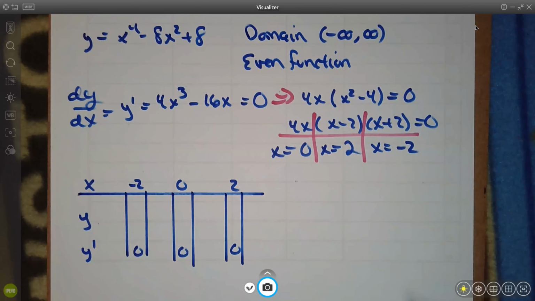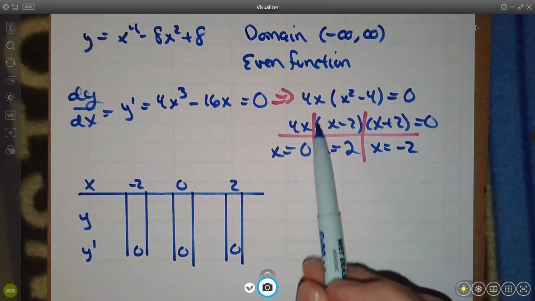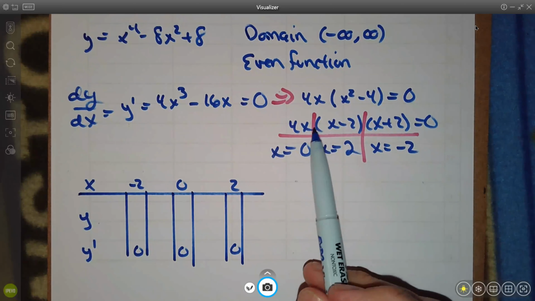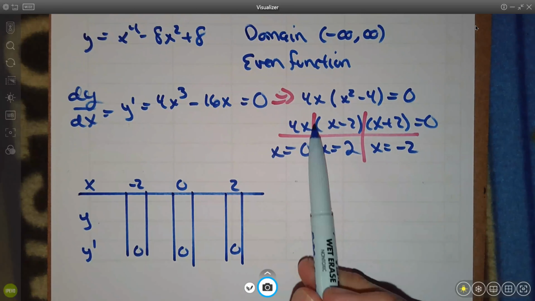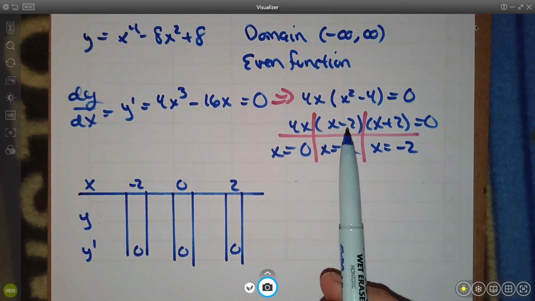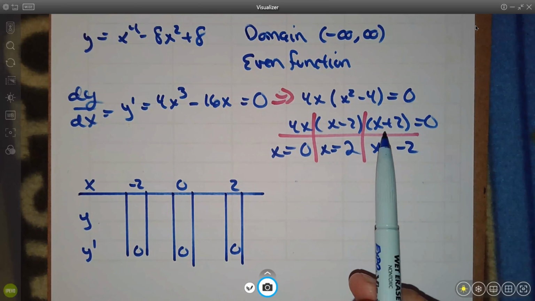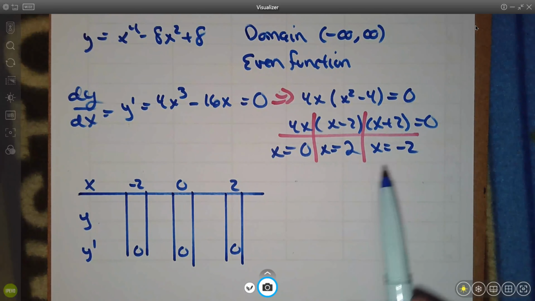So let's see if we can't just do that by looking at the derivative. If I was to put in a point, say -3, that'd be negative, negative, and negative. So overall should be negative. That's what I'm getting. You know what?